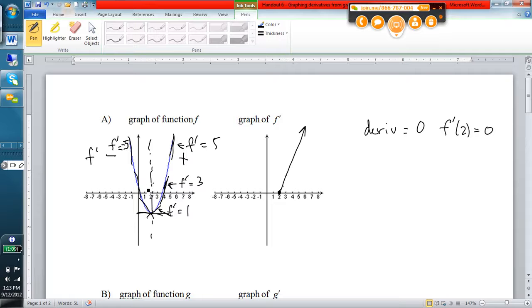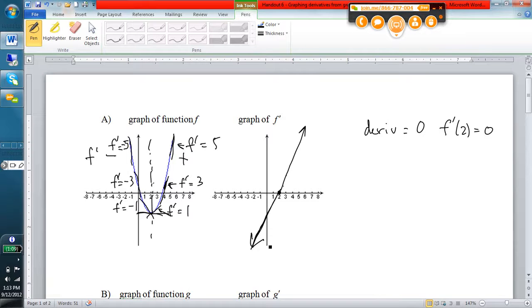This is a little less steep, so it'd be like a negative 3, and the counterpart there maybe a negative 1. You see what I'm saying? Those are getting progressively less negative, which means as you go to 2, you're doing something like that. So the graph of function f, the parabola, turns out to be this line when you graph its derivatives, because of what the slopes of the tangent lines are doing. You with me on that?